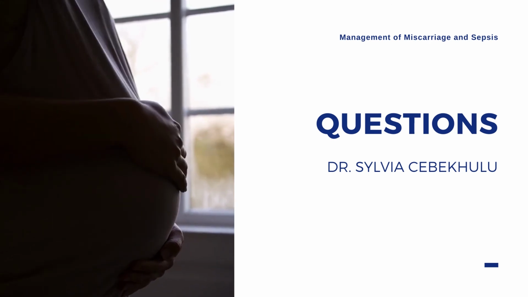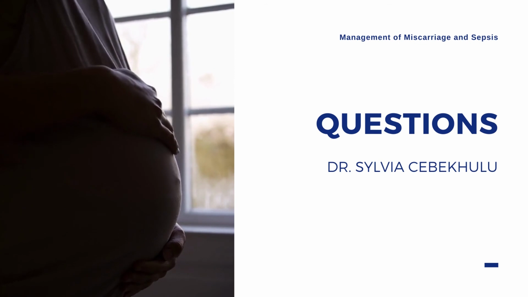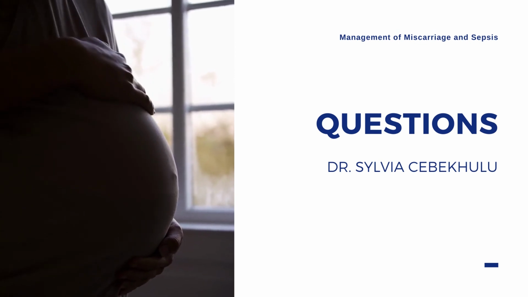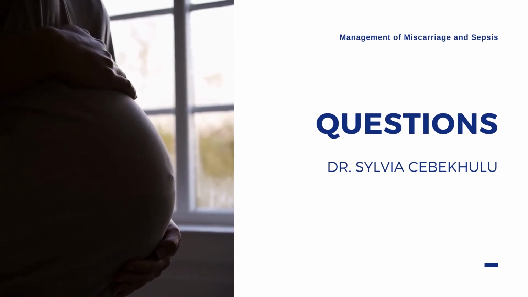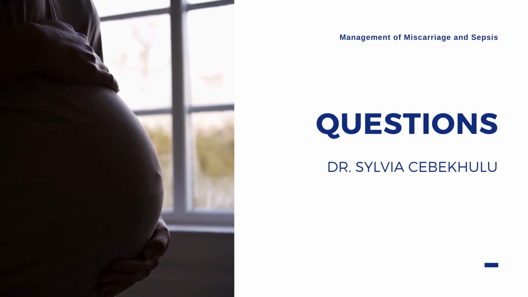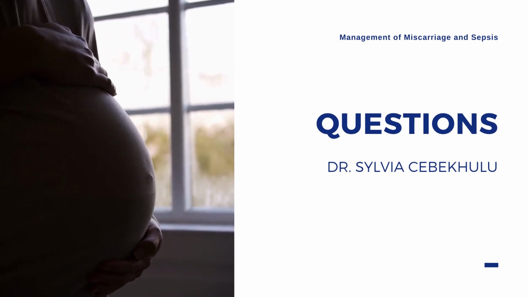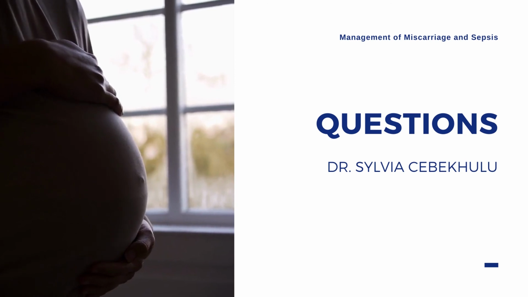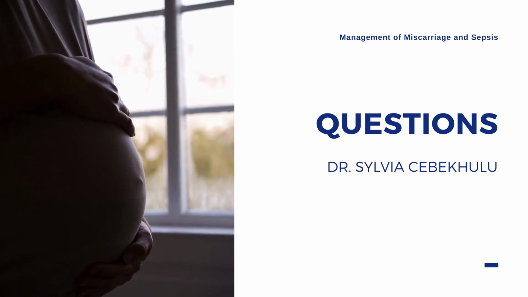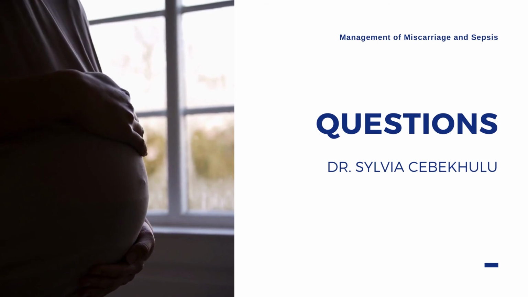I know putting packs in a septic patient might be a compromise to the patient. However, you have to balance the possibility of the patient bleeding against the patient dying from sepsis.